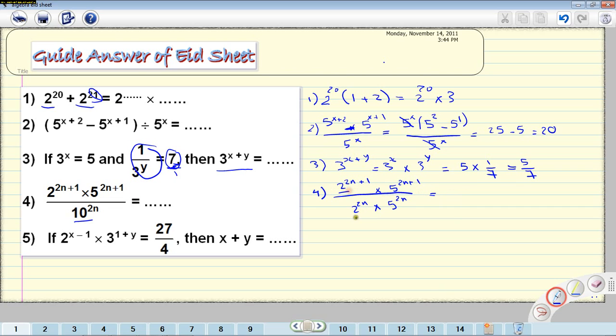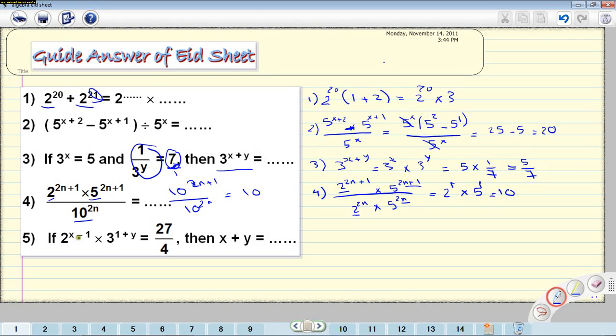So here's 2 and here's 2. We have a base 2, subtract the powers, it's 1, multiply 5. Also we subtract the powers, the answer is 1. So finally the answer is 10. We can answer this question in another way: as 2 and 5, we're going to multiply them, it will be 10 to the power 2n plus 1 over 2 to the power 2n. The answer simply is 10, because we subtract powers.